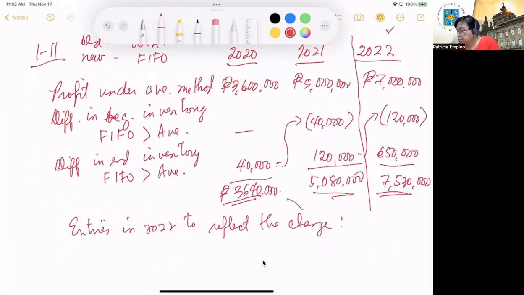So for the prior year, your retained earnings will have, considering the two, you have 5,080,000 and 3,640 compared to the prior year profit of 3,600,000 and 5,000,000.